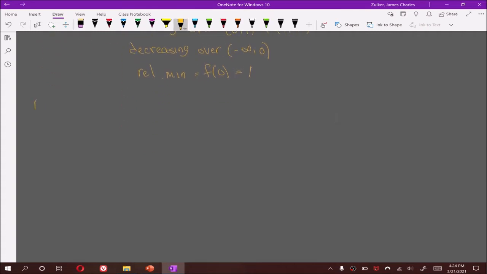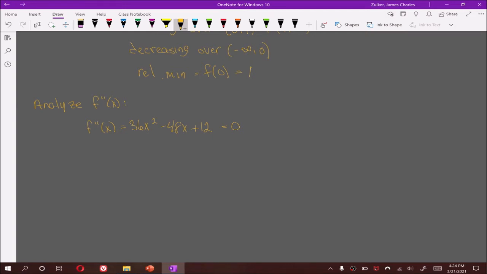Next up, we have to analyze f double prime of x. Right, so f double prime, 36x squared minus 48x plus 12. That's defined everywhere, so set it equal to 0 and solve.